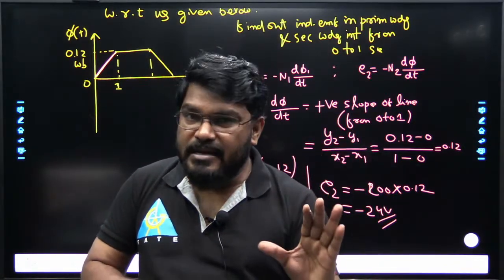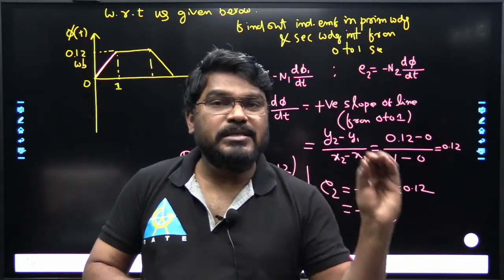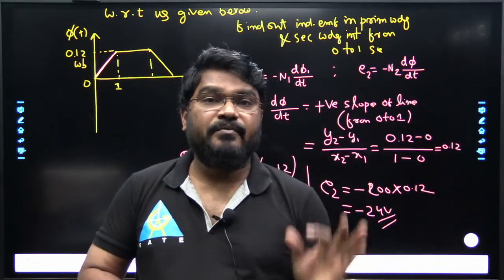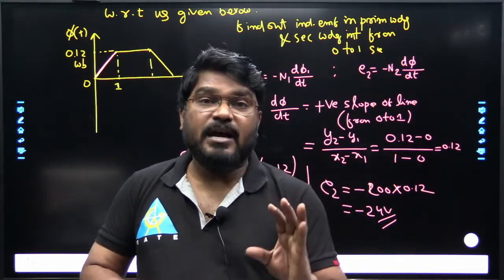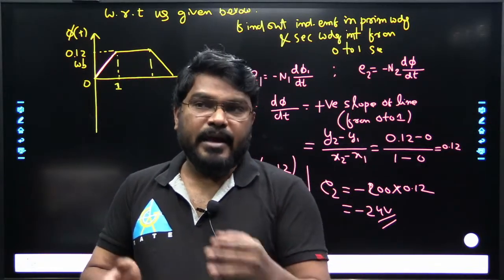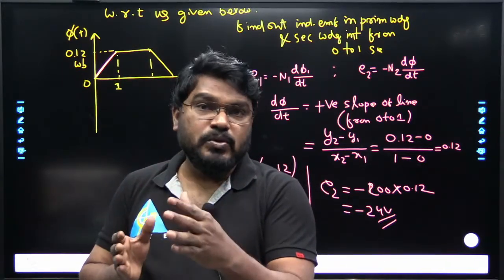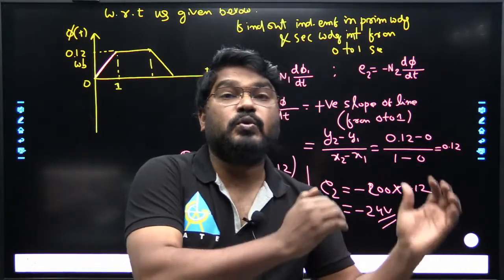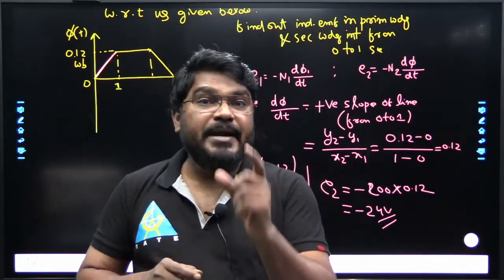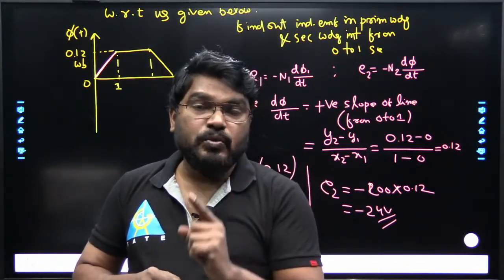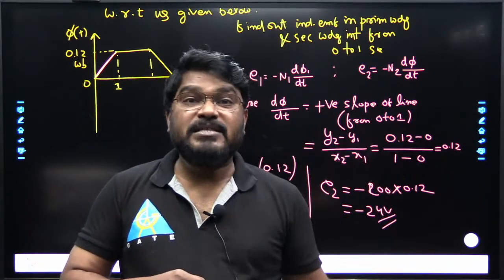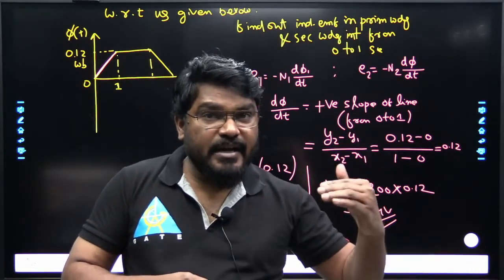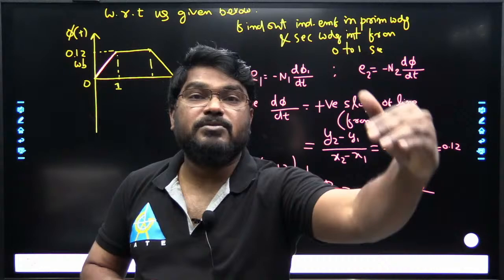What is meant by Lenz's law? The effect opposes the very cause producing it, where the cause means the initial cause. That's why the induced current in the primary winding opposes the current due to the supply voltage. That's why we have taken polarities positive to negative. But we have considered the magnetizing current increasing from 0 to the maximum value.